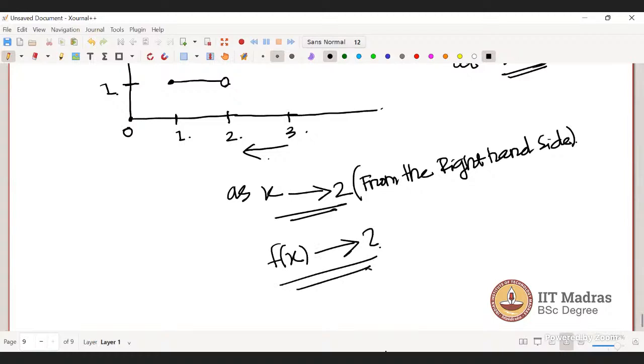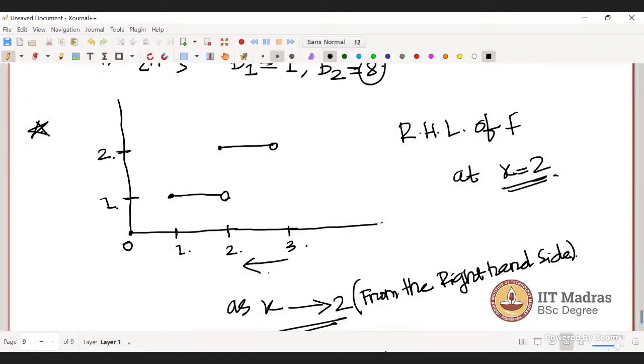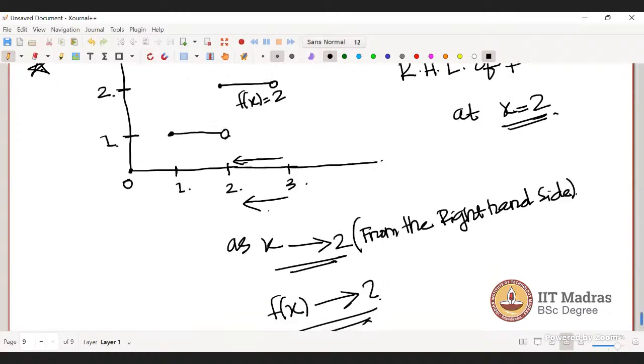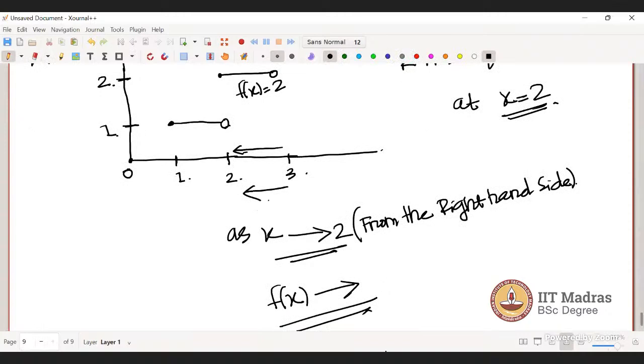As you can see, when you are coming to 2 from the right hand side, the value of the function is basically 2, right? So f of x approaches 2. So what is your right hand limit?